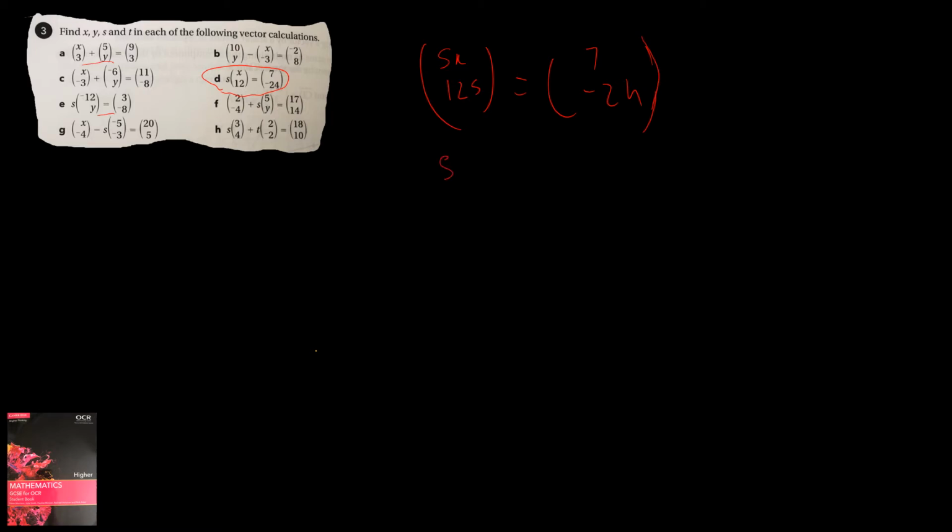So sx equals 7, 12s equals -24. So s equals -2, and if you use that value here, you will get x equals 7 over -2, that is, 7 divided by -2 times 3, which is 3.5. So you will get x as 3.5 and s as -2.